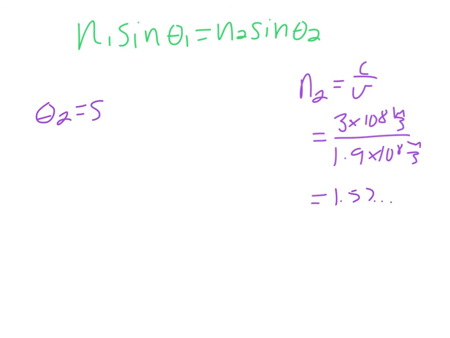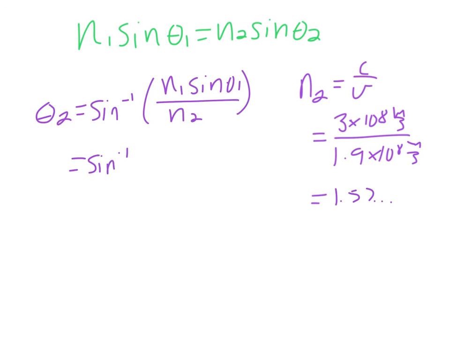So now we know N2, looking for theta 2. Theta 2 equals the inverse sine of N1 sine theta 1 over N2. So this equals the inverse sine of 1 sine 22 degrees over 1.57, keeps on going.